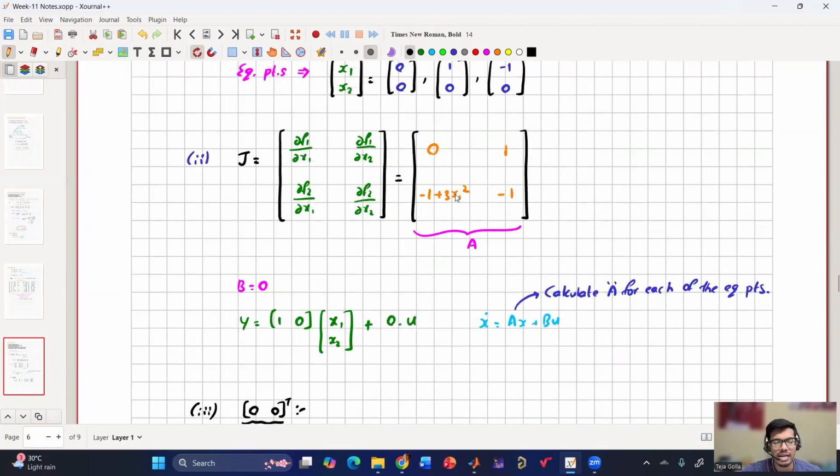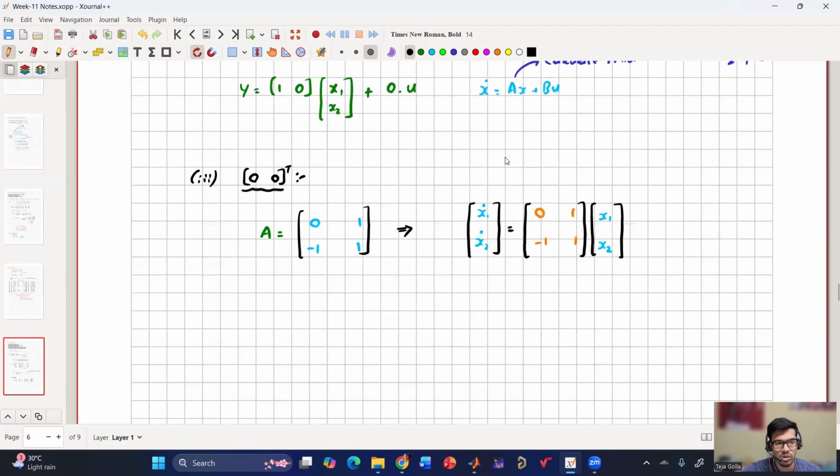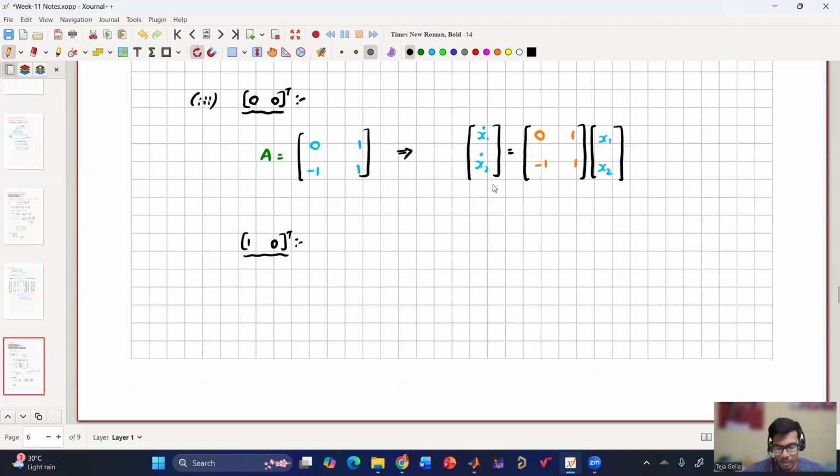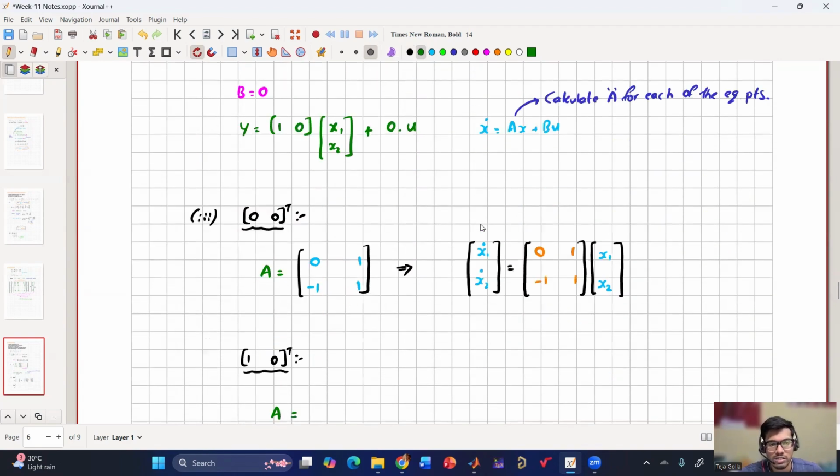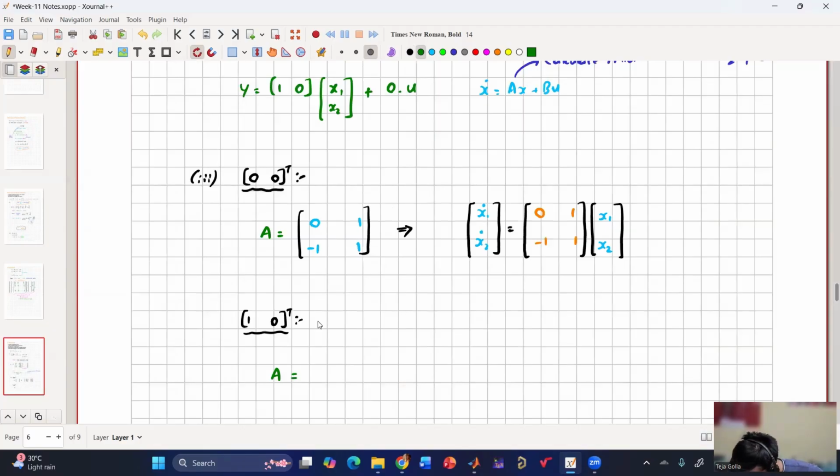Now let us calculate for the other equilibrium point, 1, 0 transpose. What A matrix am I going to get? The three terms remain the same. Since x1 is 1, this will be 3 minus 1, which is 2. So 0, 1, 2, minus 1.